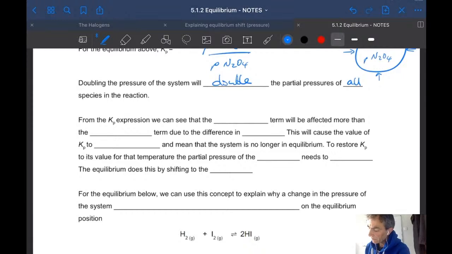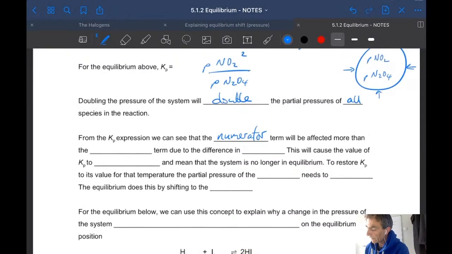From the Kp expression, we can see that the numerator term, the one on the top, I always get them mixed up, will be affected more than the denominator term. Okay, so let's just explain that. If that partial pressure is doubled and that partial pressure is doubled, this numerator term is going to be affected more because it's being squared.